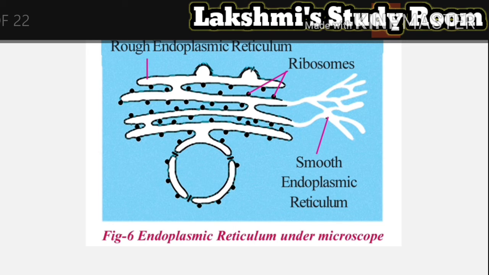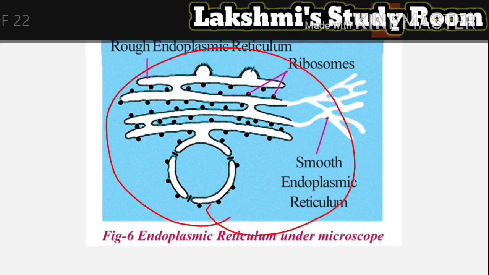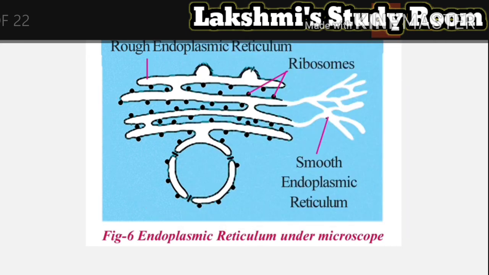The plasma membrane is made up of lipids and proteins, and these lipids and proteins are manufactured within the endoplasmic reticulum only. Then only can these proteins and lipids help to prepare the cell membrane.